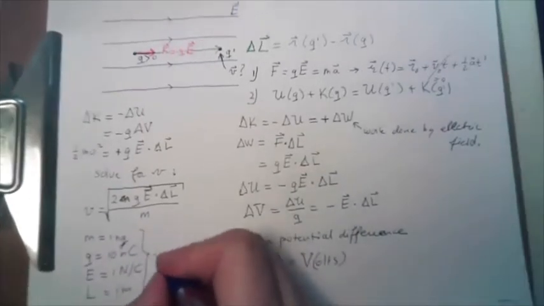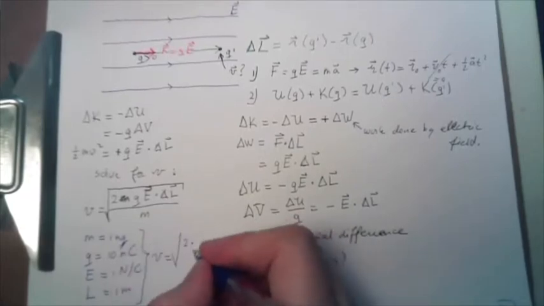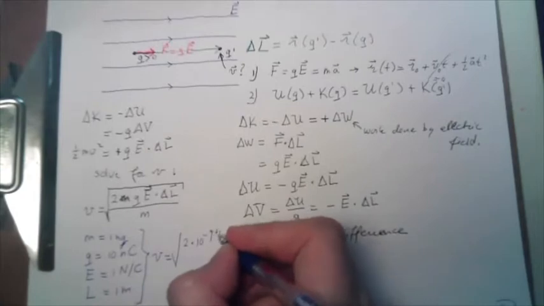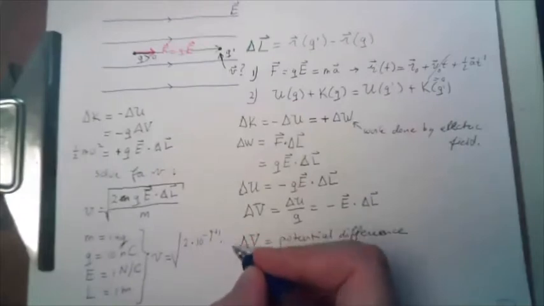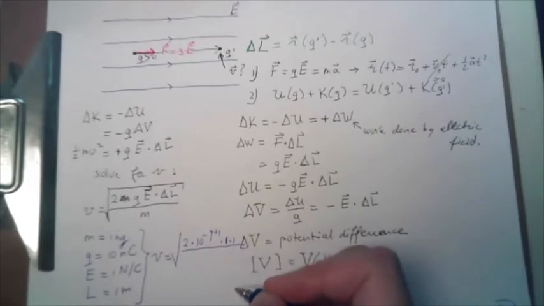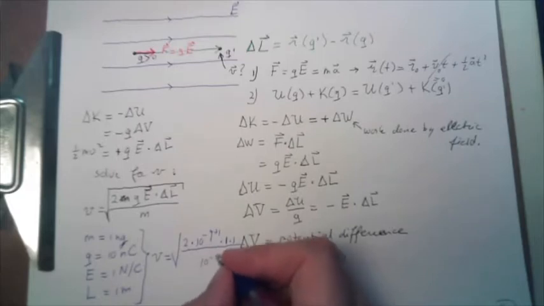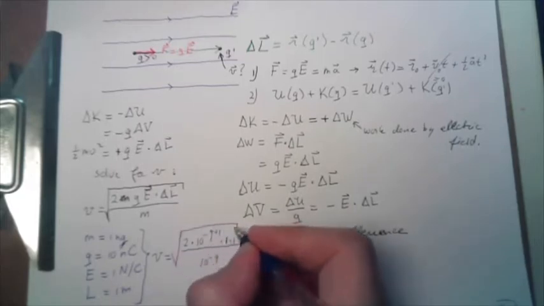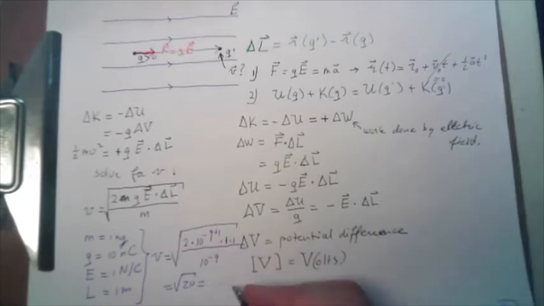All right, then our V is going to be the square root of 2Q, that's 10 to the minus 9 times 10, E is 1, delta L 1, and the mass is 1 nanogram, so that's 10 to the minus 9. So it's the square root of 20, which is 4 point something. And that's, of course, in meters per second.